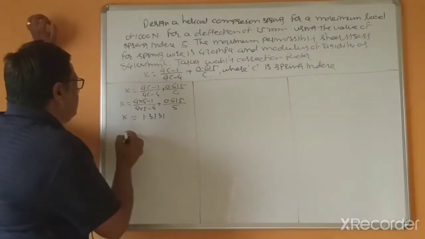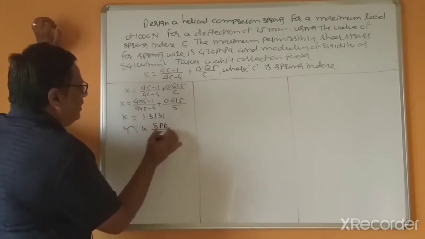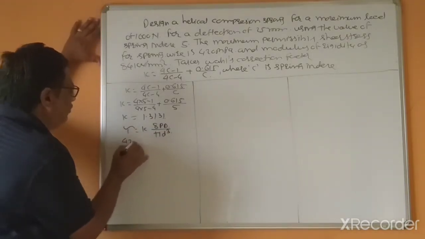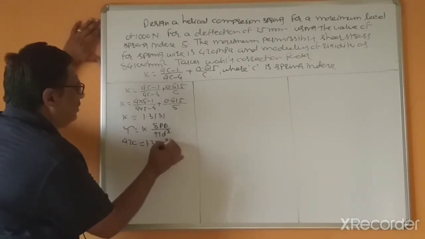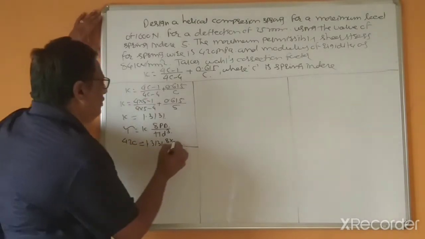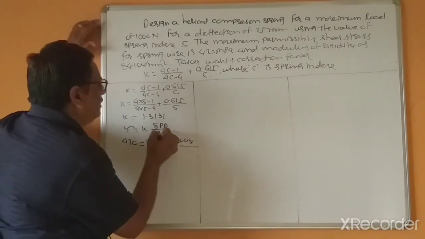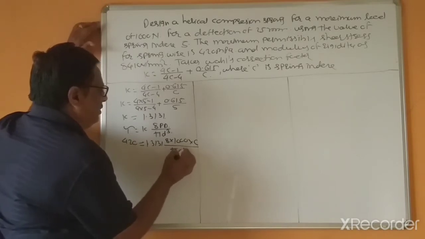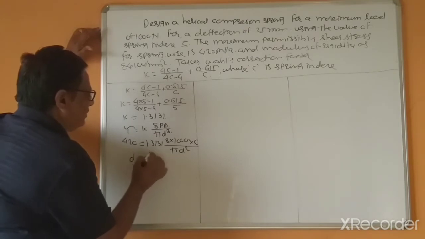So that's why by using the formula tau equal to K into 8PD divided by pi d cube, and this is the formula. And this tau equal to, this is given 420, K equal to 1.3131, 8 into maximum load which is given 1000, and here you can consider this is C into pi d squared, where d is the wire diameter.